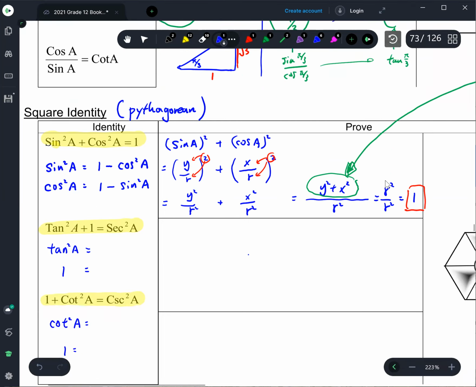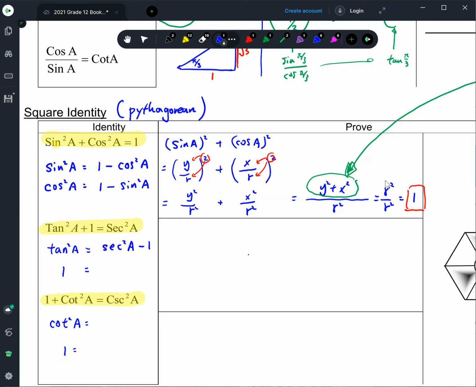Is it just tangent squared A equals secant squared A minus 1? Yeah, very good. You move the 1 over. Very easy, right? Just isolate each part.